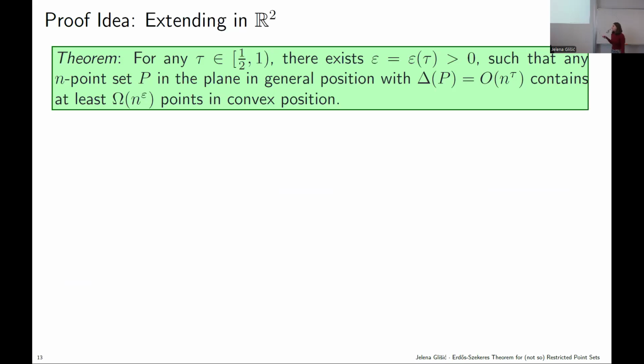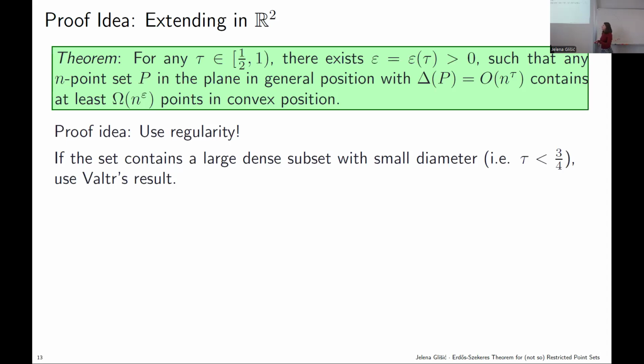so the idea is we came up with some notion of regularity. And I will not define it exactly because, once again, the expressions are not very pretty. But the idea is, if my set contains a large dense subset, meaning that it has a small diameter, and the diameter is something that I can work with, knowing from Pavel's result, then I'm done.